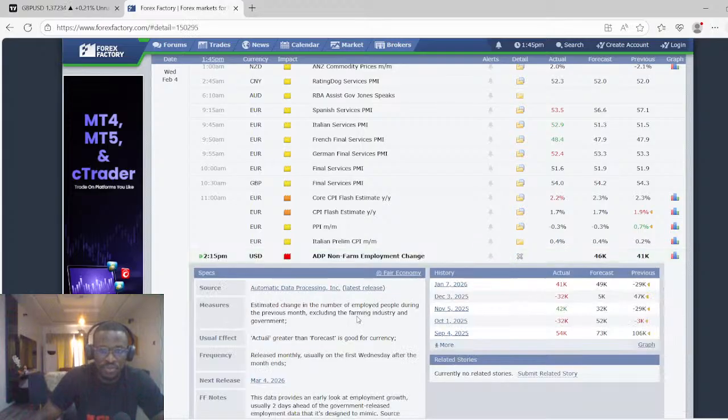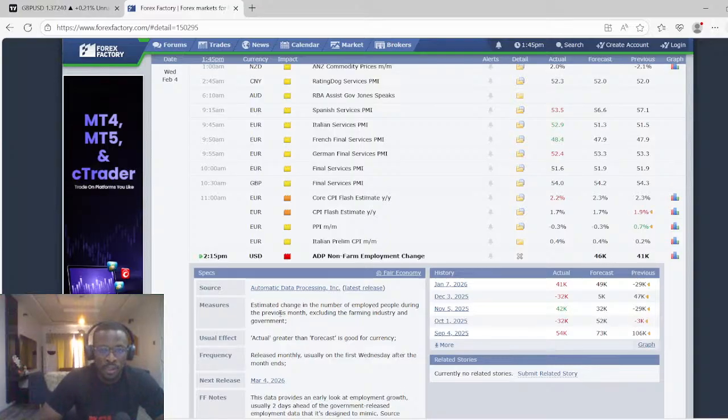So this red folder is all about automatic data processing. This automatic data processing helps in measuring the estimated change in the number of employed people during the previous month, right? Excluding people who are actually in the farming industry and the government as well.